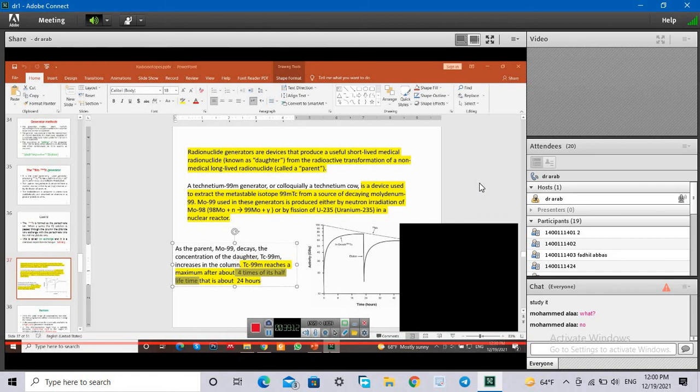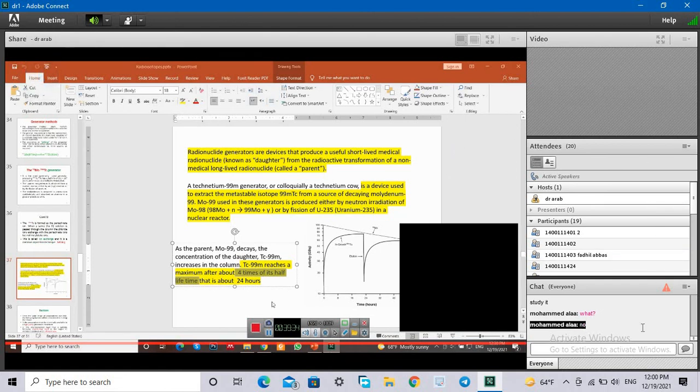Imagine you have one generator. In the generator, you have a parent and a daughter nuclide. If the half-life is about 8 hours, at which time can you obtain the maximum level of your daughter?